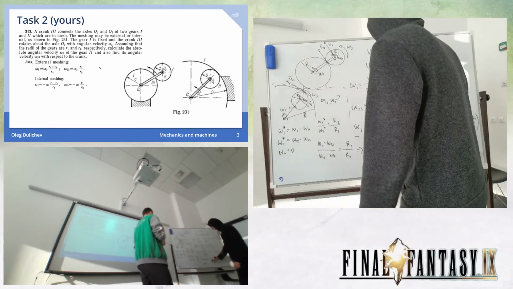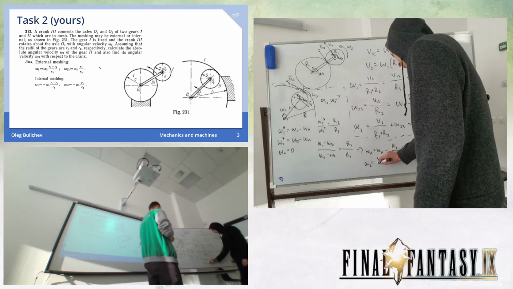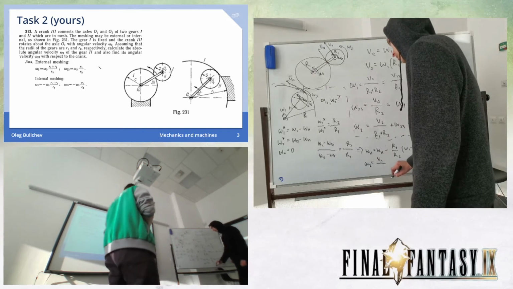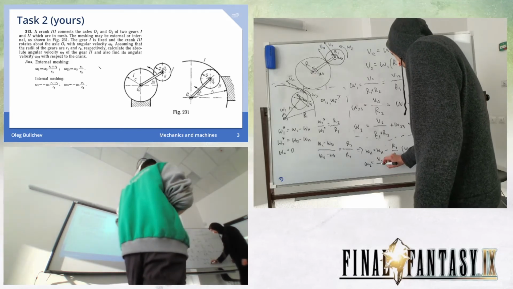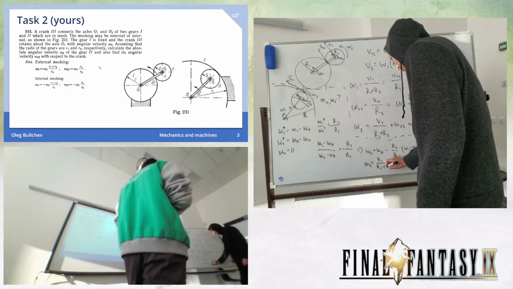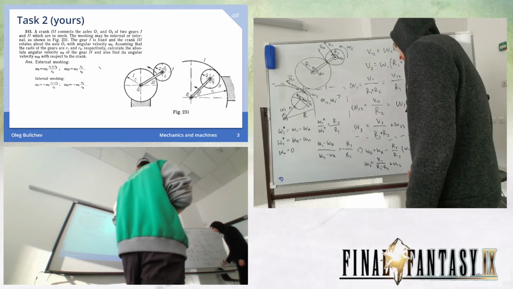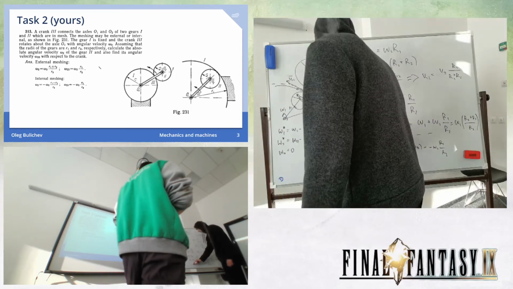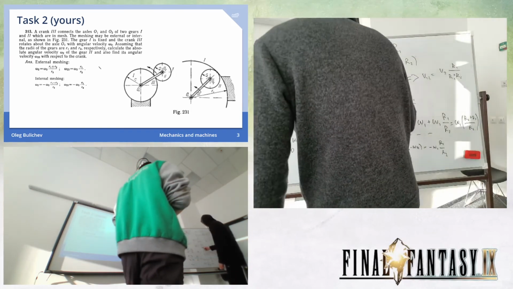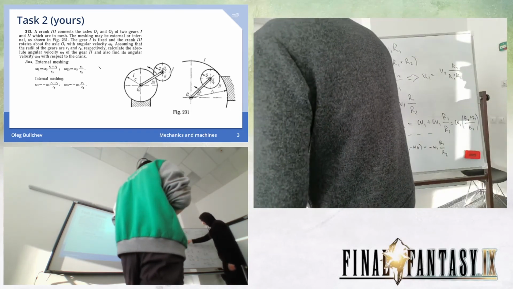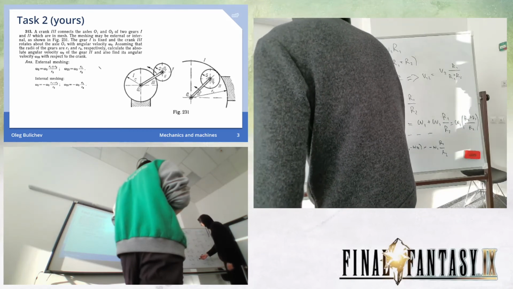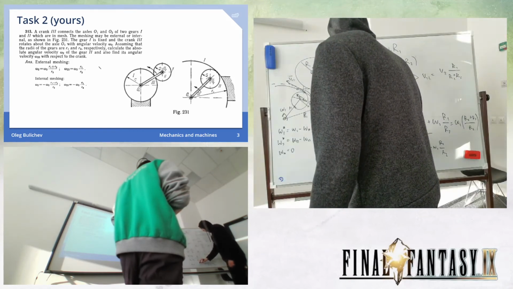So V2 by R1 minus R2 this time plus V12, whereas V2 is what is it?